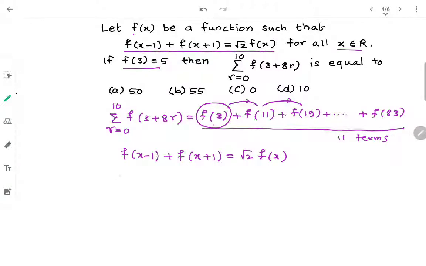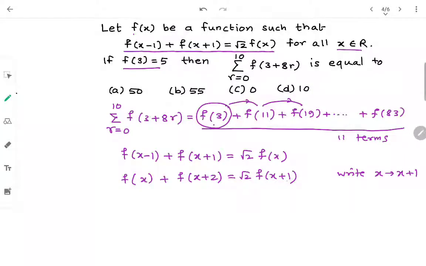Now I would like to take one step further. Instead of x, I write x plus 1, so I replace x by x plus 1. So it is f of x plus f of x plus 2 is equal to root 2 f of x plus 1.